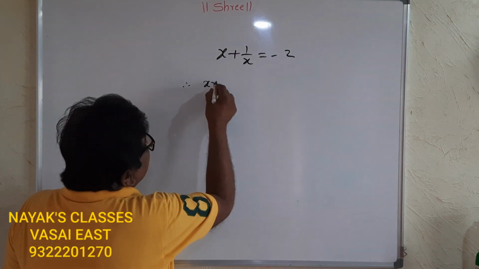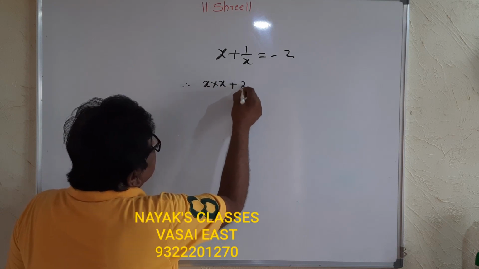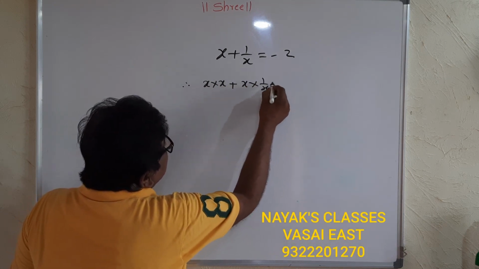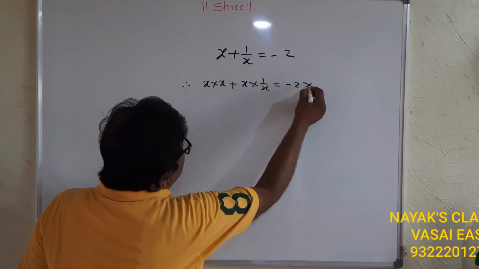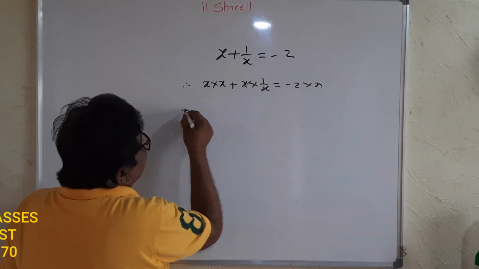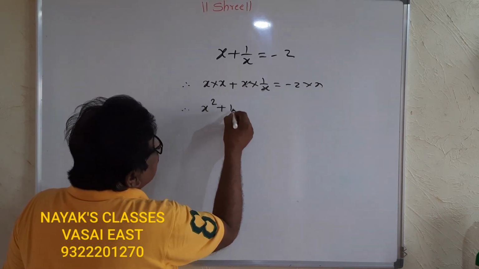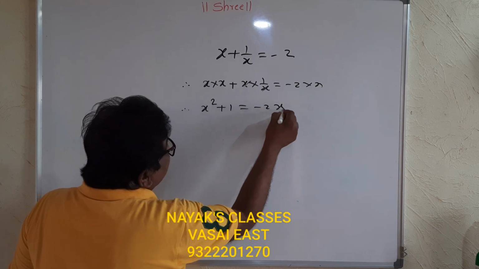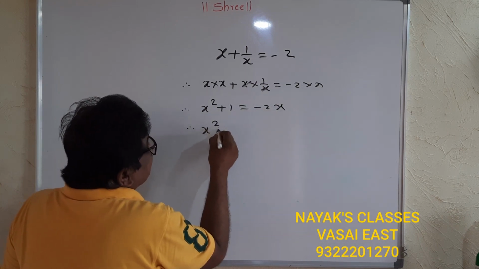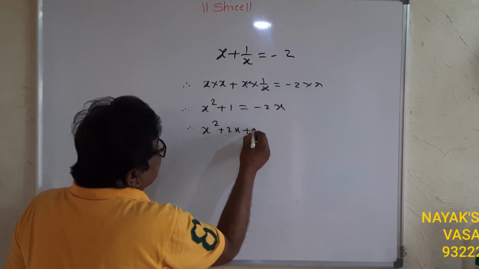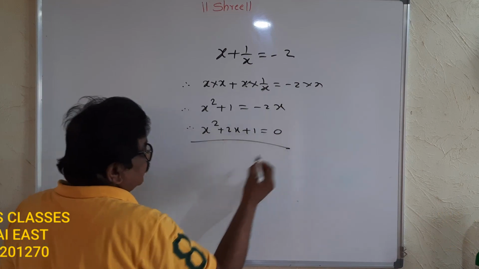So, x into x plus x into 1 upon x is equal to minus 2 into x. Therefore, x square plus 1 is equal to minus 2x. Therefore, x square plus 2x plus 1 is equal to 0.